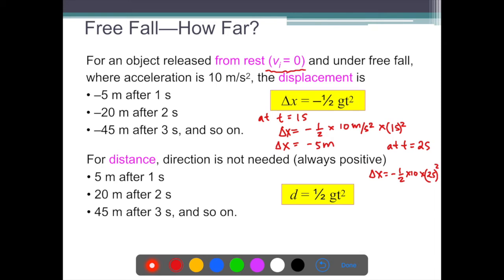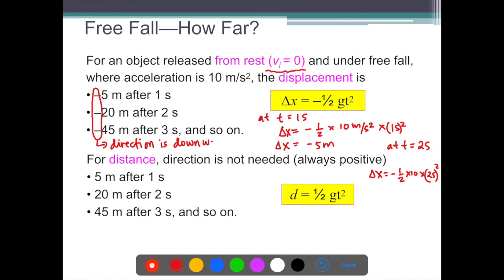And you should get negative 20 meters after 2 seconds. So notice how in displacement you have these negative signs here. The negative gives you the direction, and it tells you that the displacement is below the original starting point.